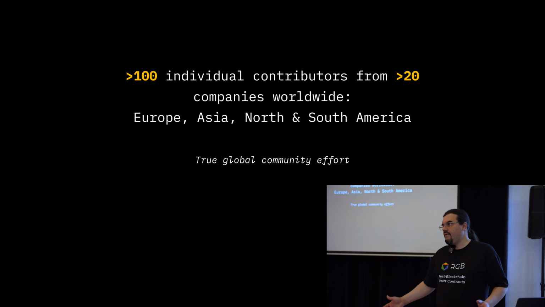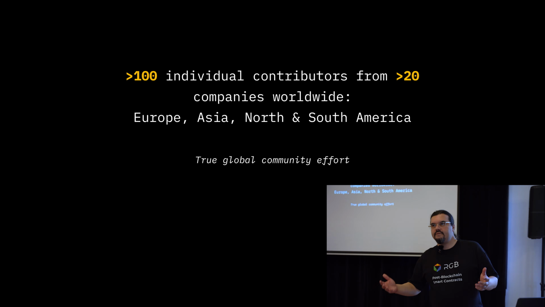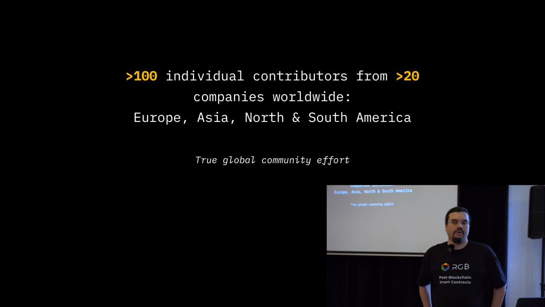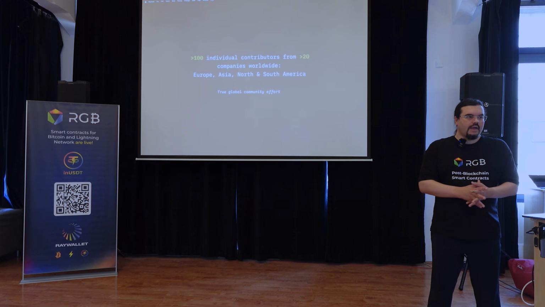Over these years, there were a lot of companies and individual contributors who were working on RGB, contributing ideas to RGB. It was more than 100 individual persons and more than 20 companies from pretty much all over the world. Summarizing this, I can say that it was a real global community effort.